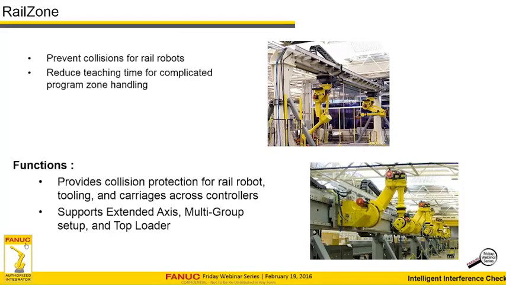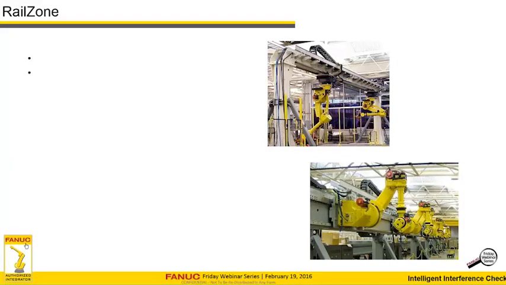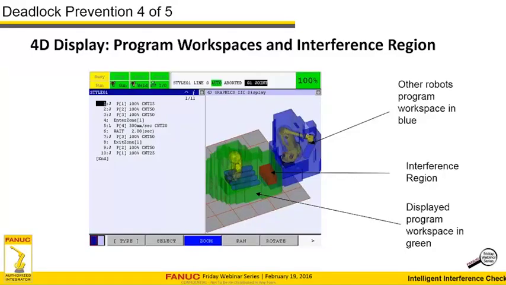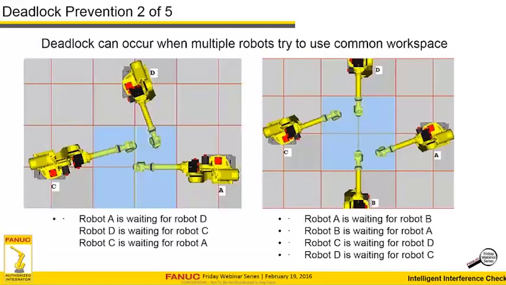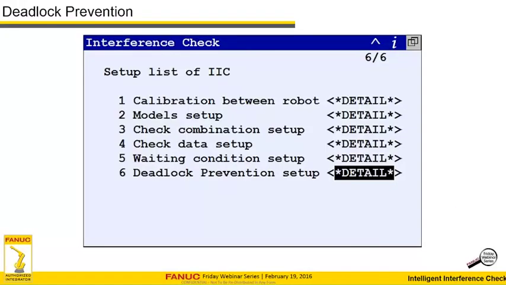You can build models around the tooling and carriages, so that way that stuff's protected too. It supports the extended axis multi-group setup and top loader. Now, one thing I should note is, looking at the setup menu, you don't see a RailZone list in the setup.